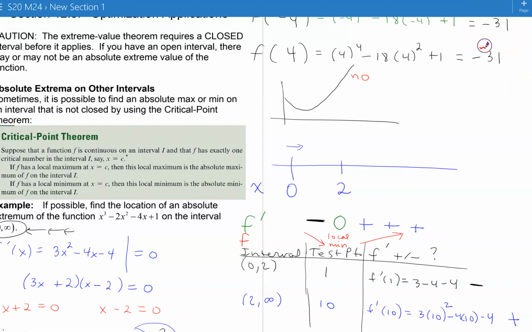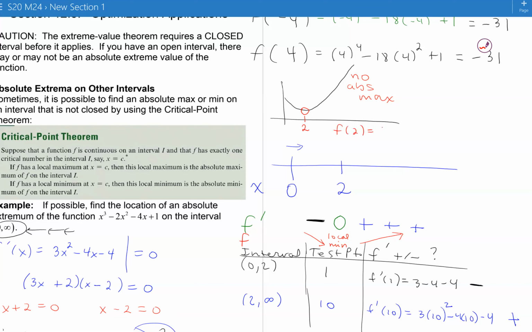So there's no absolute max. There isn't going to be one. And then the absolute min is going to happen at the same point as the local min when x is 2.